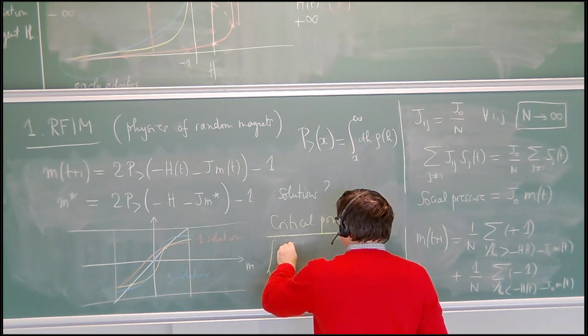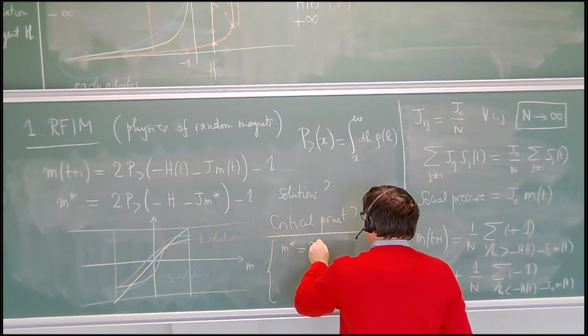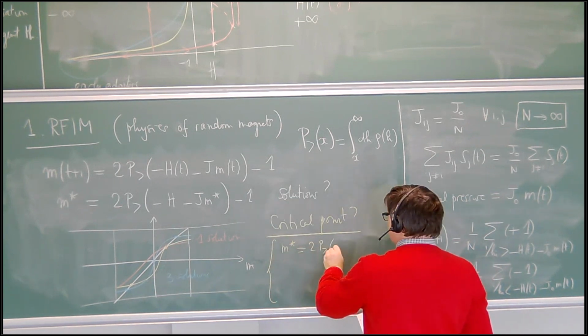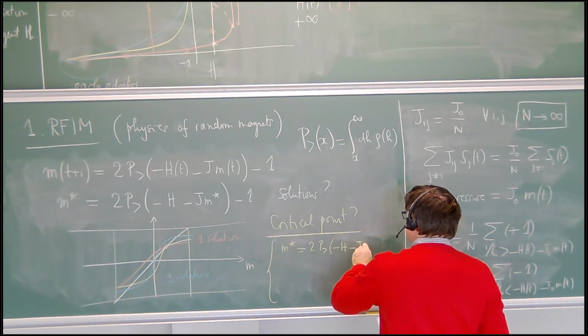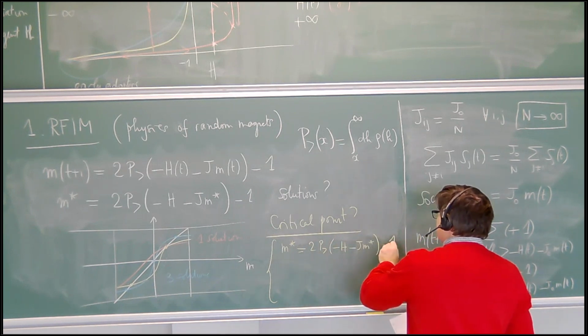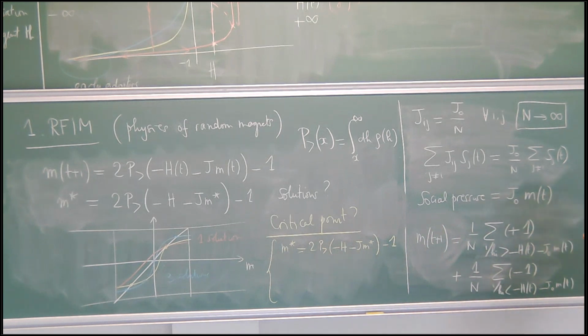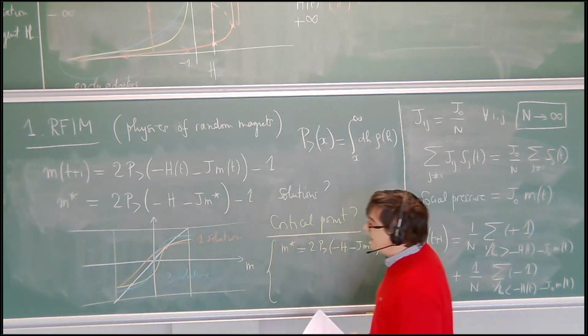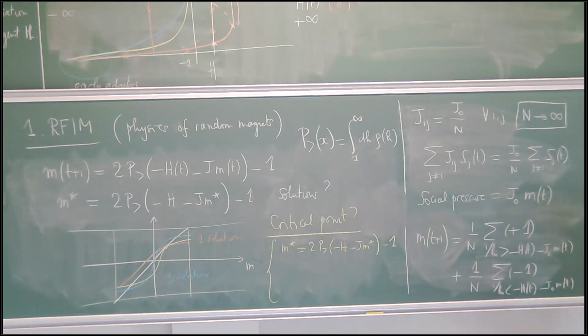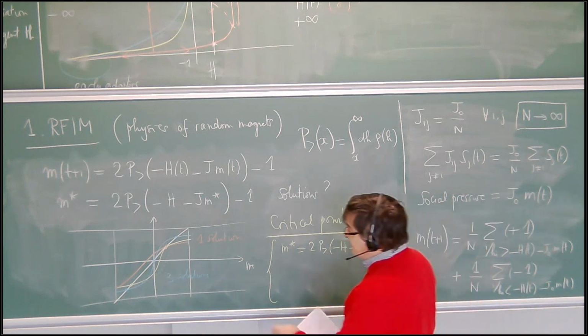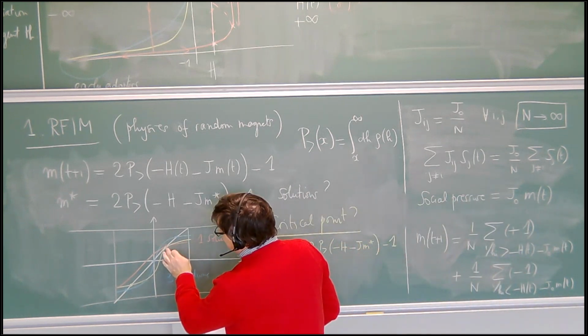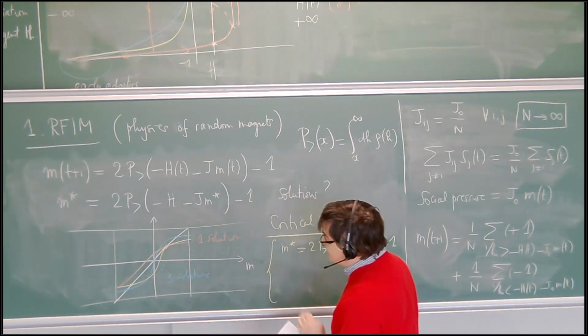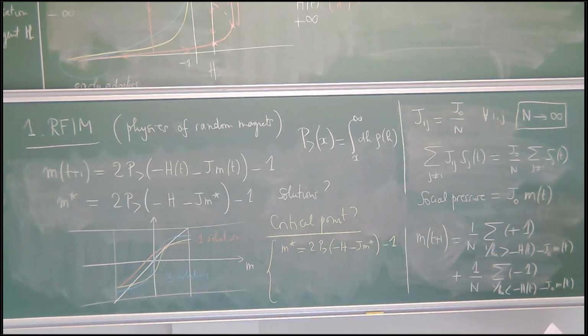So I have to have that simultaneously m star is 2p greater than minus h minus jm star minus 1. So I'm just repeating. But the other criterion is that at this point, the slope of the green line must be equal to 1. Okay? You see from the graph that you lose the solution by having a point here that's tangent to the x equal y line.